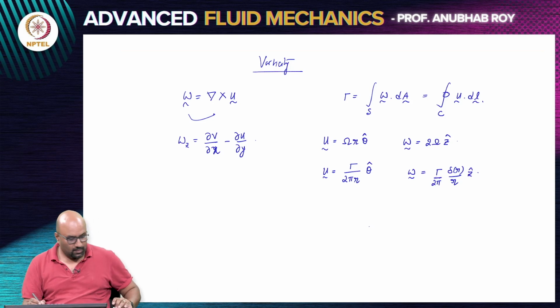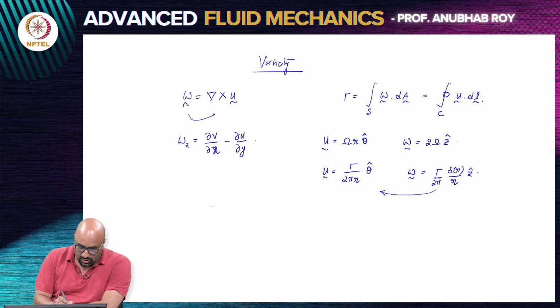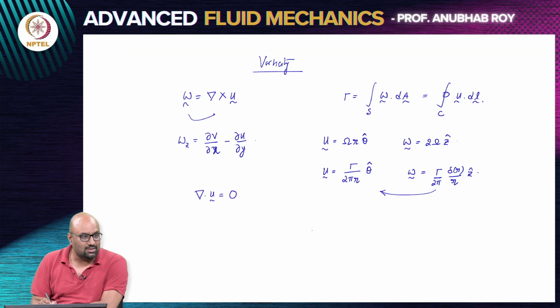So, the question is: how do I invert, given the vorticity, to the velocity field? How do I go from an expression of vorticity and find the corresponding velocity field? While doing that, if I place a constraint that I am interested in solenoidal velocity fields or incompressible flow fields, the approach becomes slightly easier.